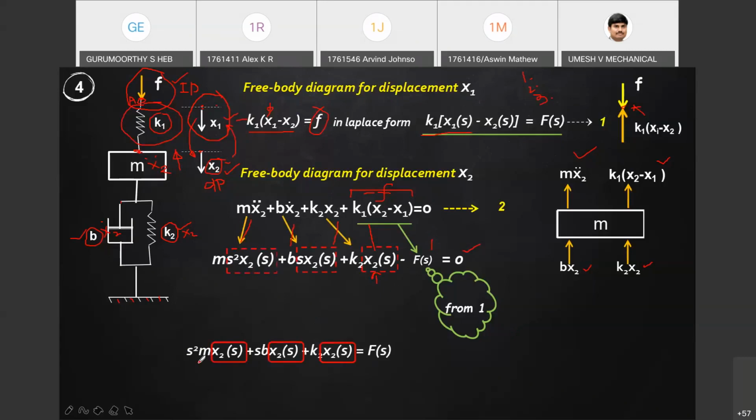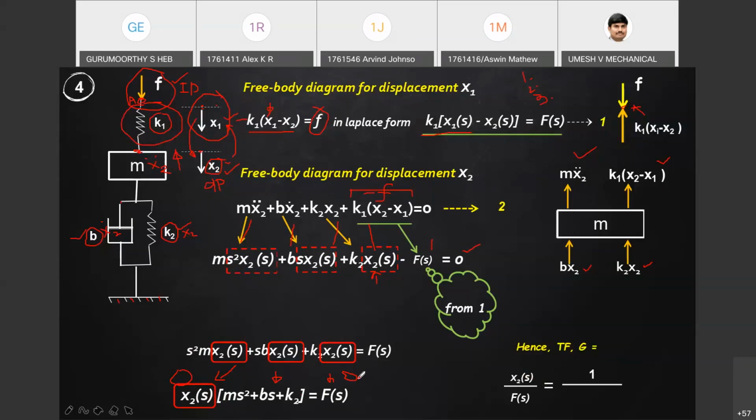Then you are left with Ms square plus B plus K. Okay, Ms square X2 of s. X2 of s is the output, and you can get the transfer function X2 of s by F of s equals to 1 by Ms square plus Bs plus K.